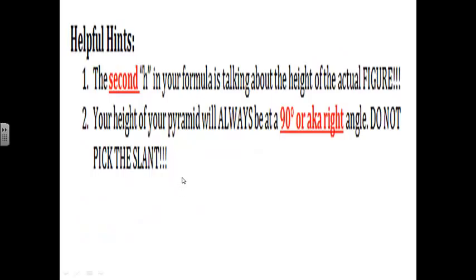Okay, helpful hints that you need to know. Number 1, the second H, so if we have capital B and then we have our H, all divided by 3, this H right here I've already talked about, but the second H in your formula is talking about the height of the actual figure. So our height is always, remember, always going to be a right angle.